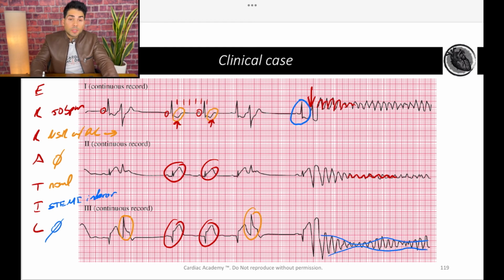So this is a very interesting EKG. So we have a PVC falling on T, causing V.Tach to develop, which later changes to V.Fib, and we could even make the argument that this patient is having torsades de pointes, okay? All right, interesting, very good.